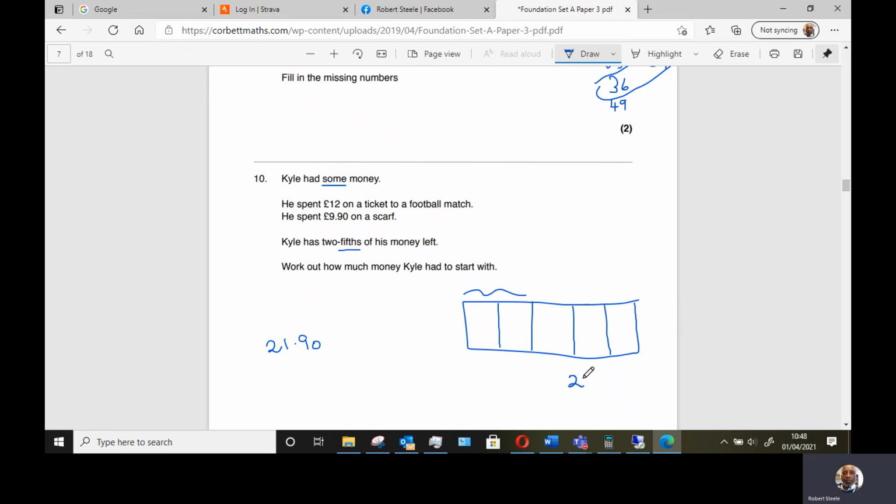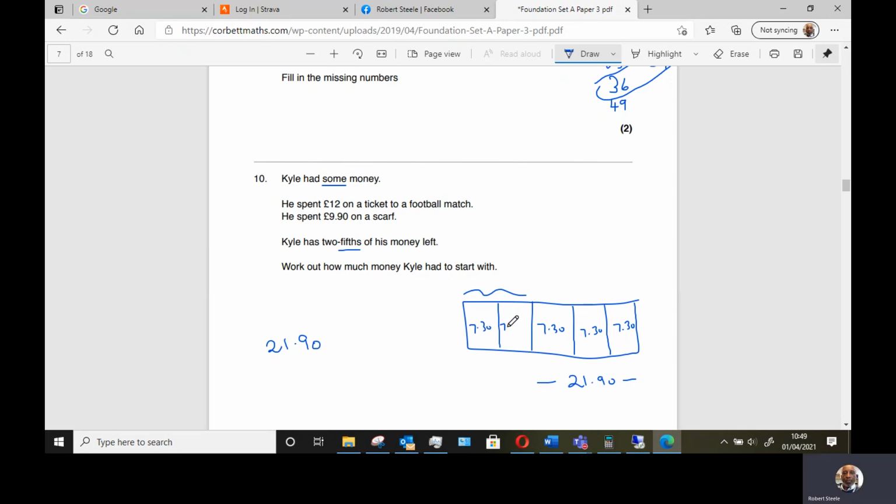So the £21.90 is the 3/5. So I'll divide the £21.90 by 3. If I do that, it gives me £7.30 on every section, including these 2 sections.